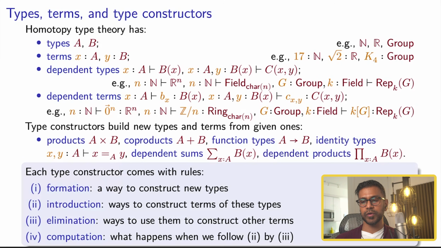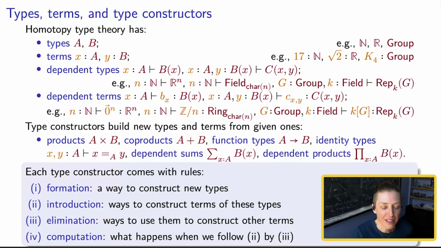In one of your previous talks on homotopy type theory as a foundation, you introduced the term judgments. And I just want you to specify what that would correspond to here. Right. So I'm being a little bit informal here, even though this probably seems like I'm being quite formal. The judgments are essentially the types and the terms and the dependent types and the dependent terms.